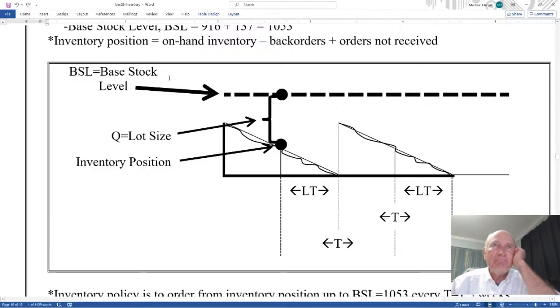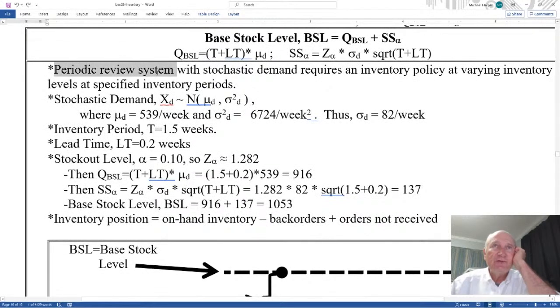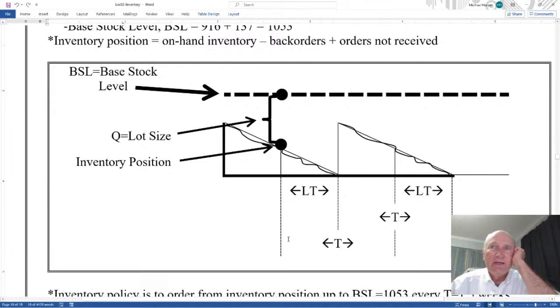Now we have a periodic review system with stochastic demand, which requires an inventory policy at varying inventory levels at specified inventory periods. In other words, here's the inventory period T. The inventory period is fixed. It's not variable. Okay, the lead time is fixed, but the demand is variable.